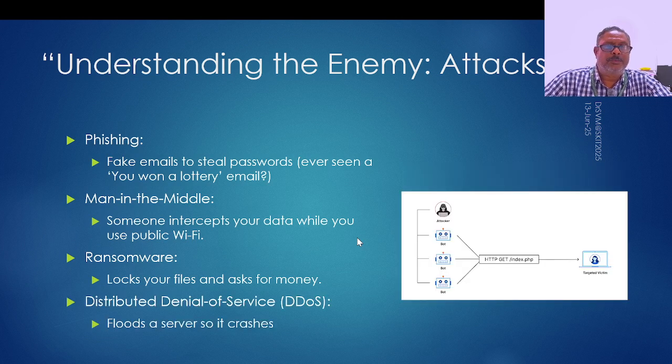Then we have distributed denial of service, which floods a server so that it crashes. There is a server, and the attacker starts sending requests to the server through various nodes simultaneously.